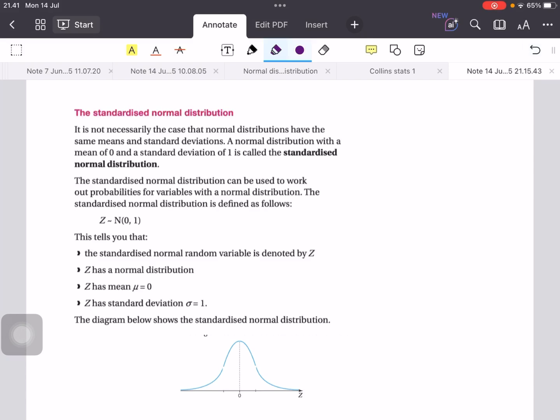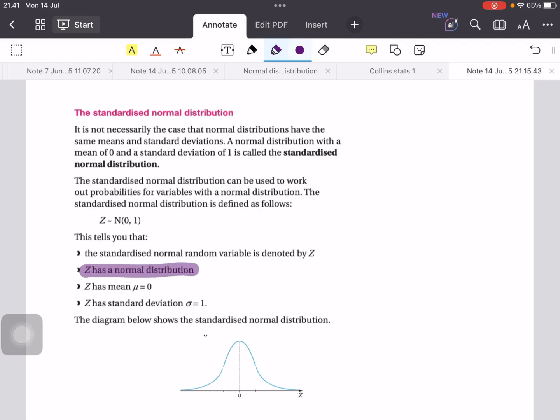The standardized normal distribution uses this symbol. What does this symbol tell us? It tells us that the standardized normal random variable is denoted by z, and z has a normal distribution. As you can see, we have N here.